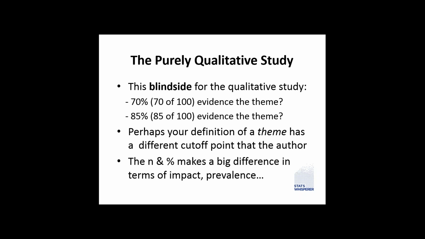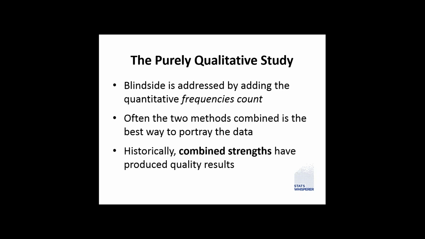If almost everyone says it, it seems a lot more impactful than if only, say, 70 people say it, right? So these are important dimensions of the data that we might like to see, but it involves mixing methods, right? So the blind side's addressed by adding the quantitative frequency count.